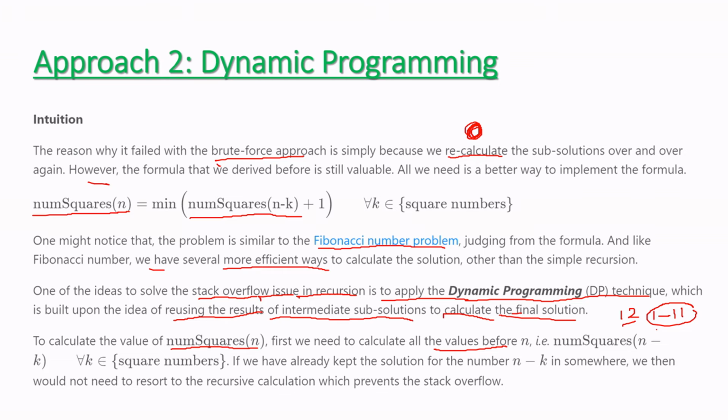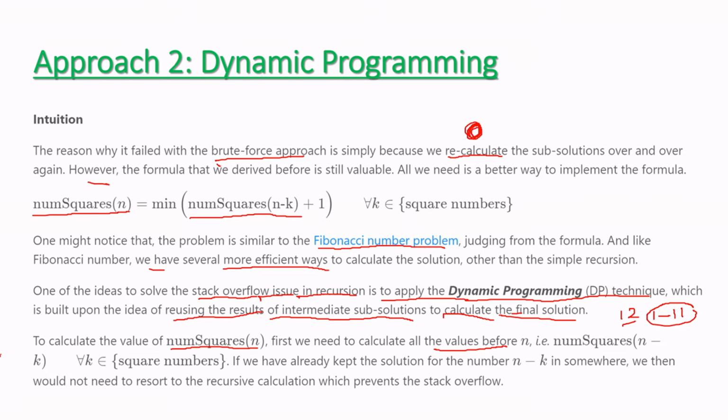So it will be very easy to calculate all the values. We first calculate all the values before n, the number of squares for n minus k, where k is a square number, like 1, 4, 9 and 16.